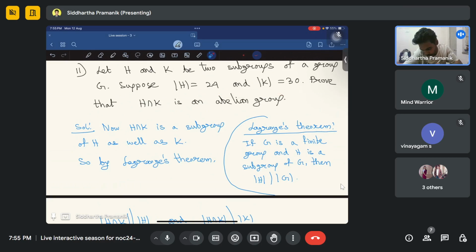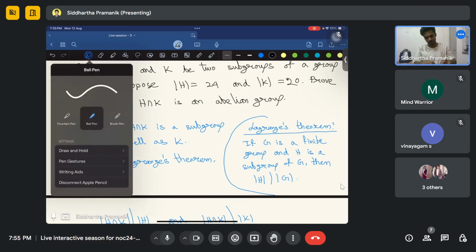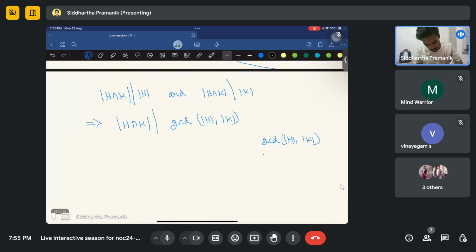Oh, sorry, we should take, let's take the order of K as 20. So then the GCD is equal to 4. So the order of H intersection K must divide 4. So from this we can say the order of H intersection K must be 1 or 2 or 4.